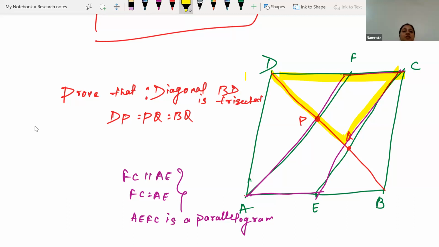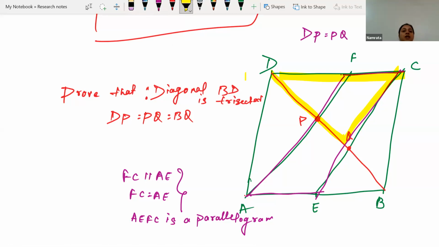We are saying P is the midpoint of this yellow triangle's side DQ. That means DP is equal to PQ, proved by the midpoint theorem.